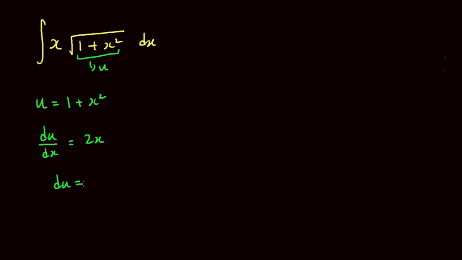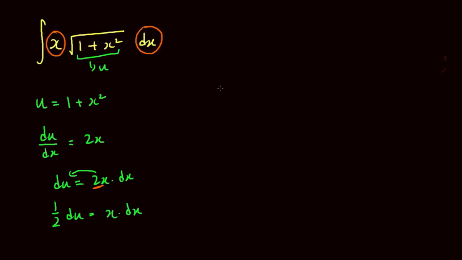And du is just 2x times dx. Now, in your integral you have x times dx, but you don't have the 2. So how are you going to manage it? In this case, bring the 2 to that side, so it'll be half du equals x dx.